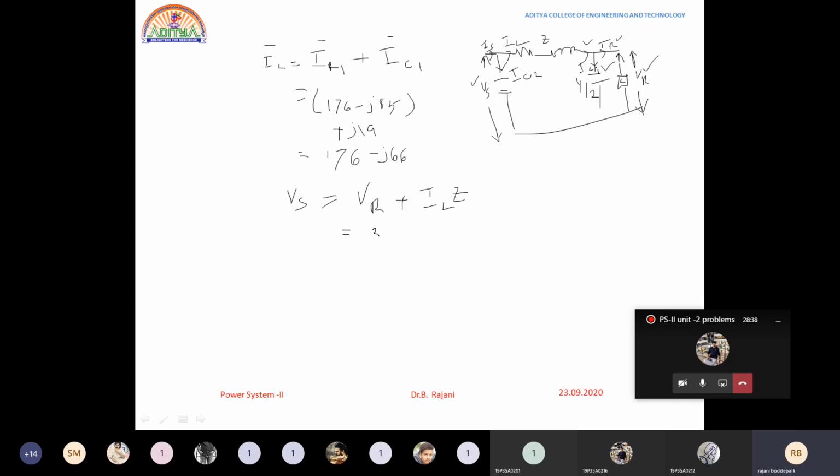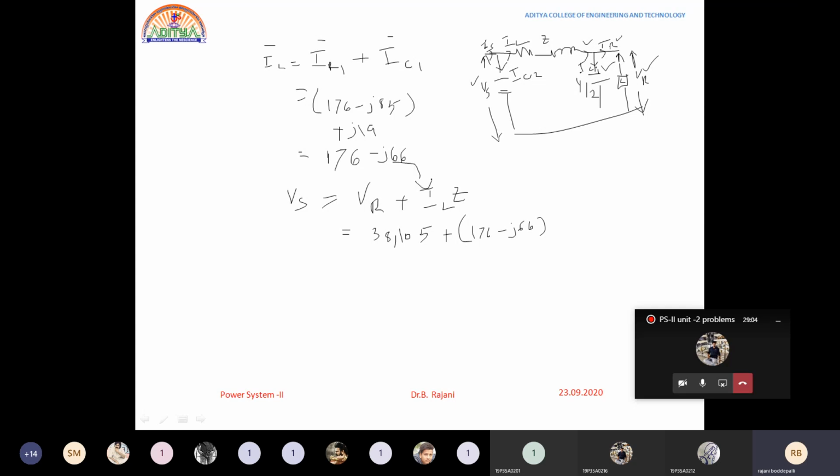Now, what would it be? VR is equal to 38,105 plus 176 minus J66. This is the IL value I have substituted.